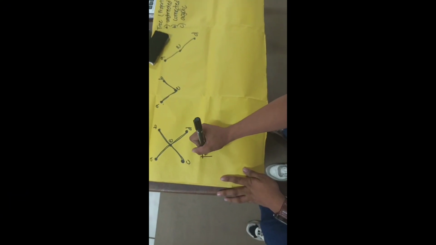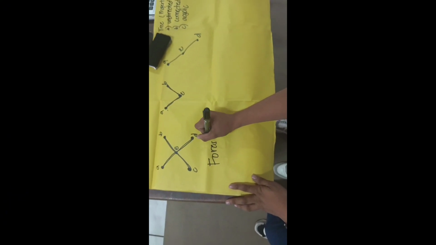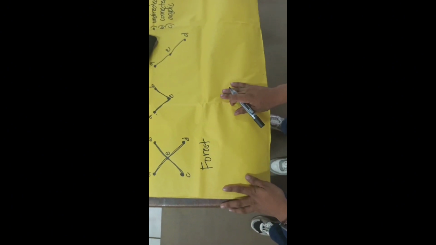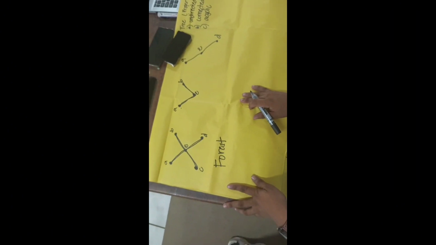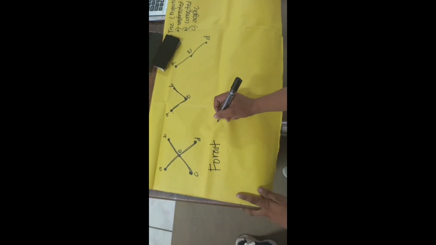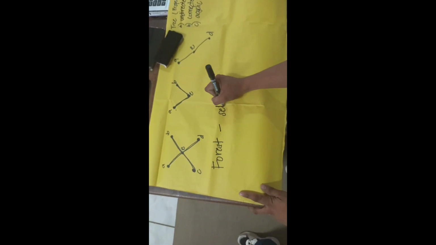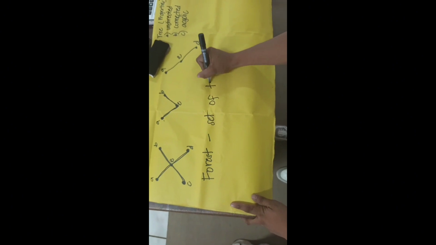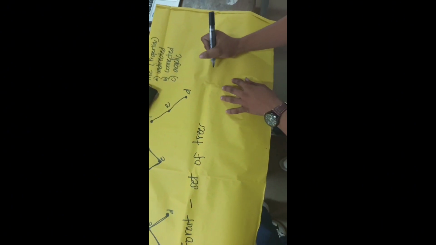Okay. Now let's proceed to forest. A forest is a disjoint union of trees, also called a set of trees. So let's have this example.